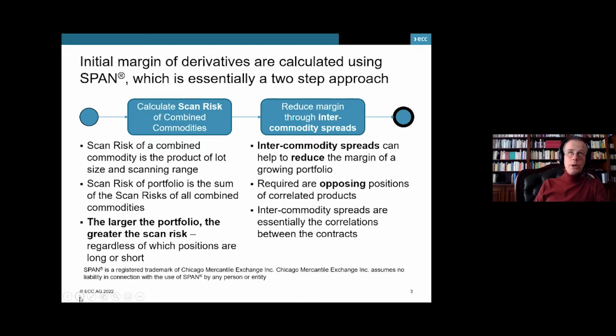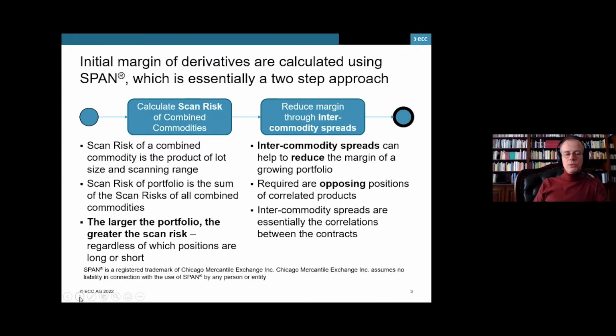It depends on the price and the volatility of products: the higher the price, the higher the scanning range, and the higher the volatility, the higher the scanning range. So there's not too much you can do here. Just multiply these two figures, the price and the volatility, you get the scanning range, and that times the lot size, you have the scan risk.